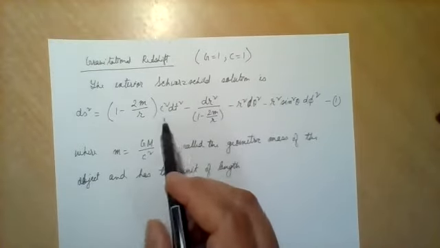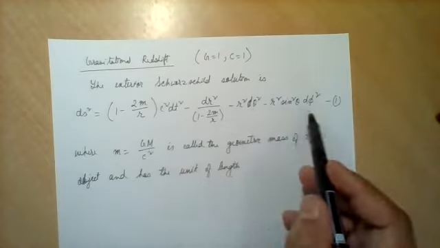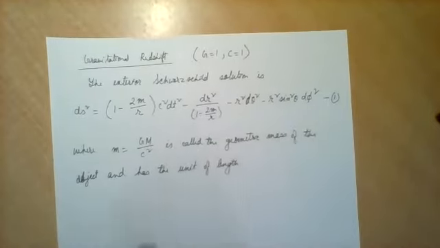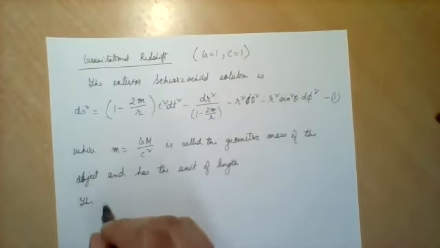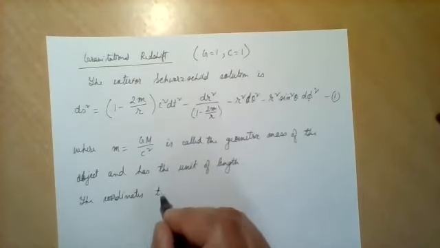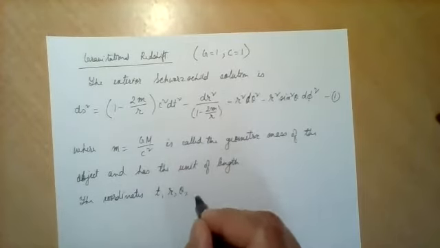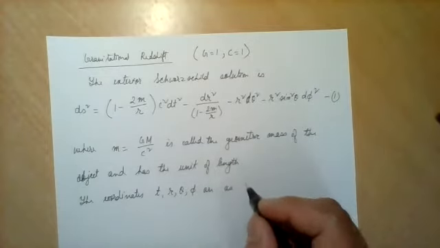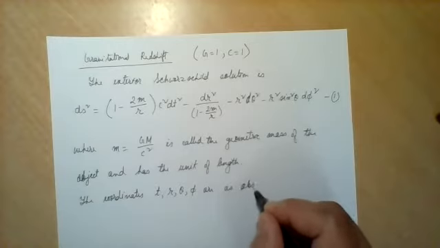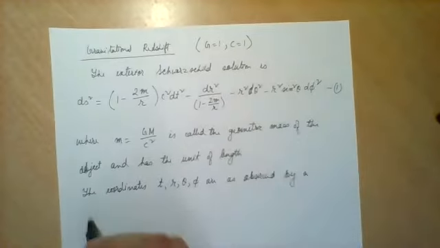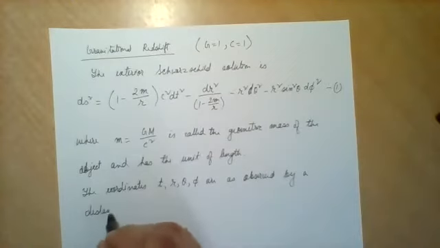And what is the physical significance of these coordinates t, r, theta, and phi? The coordinates t, r, theta, phi are the coordinates as observed by a distant observer.